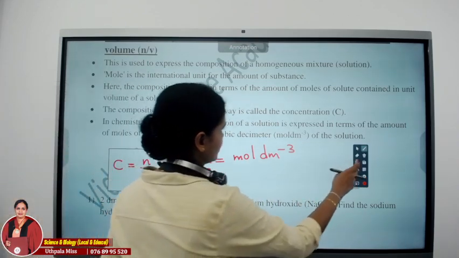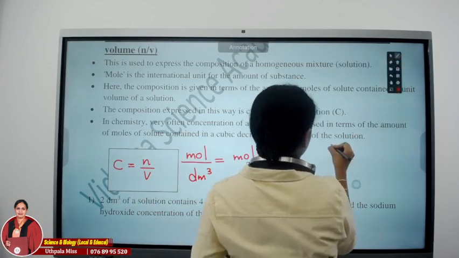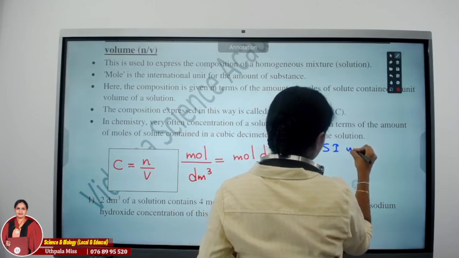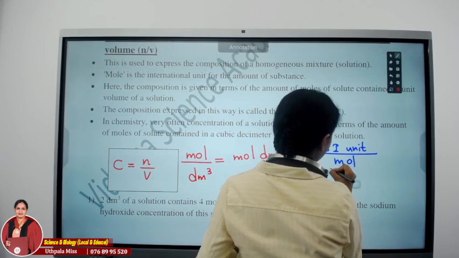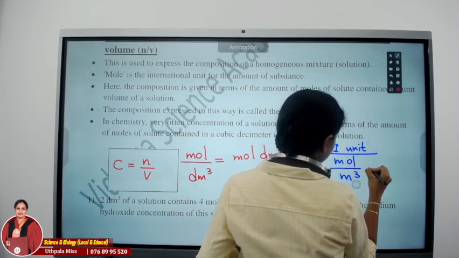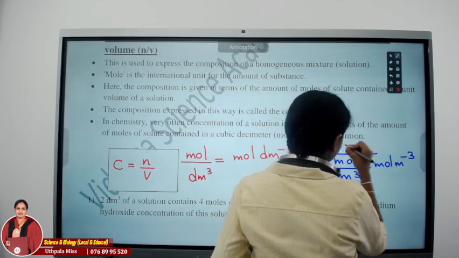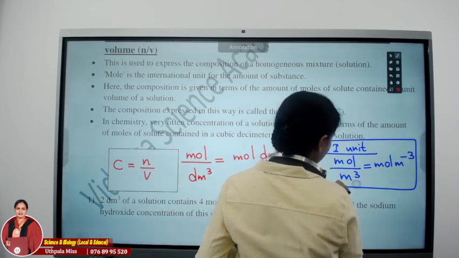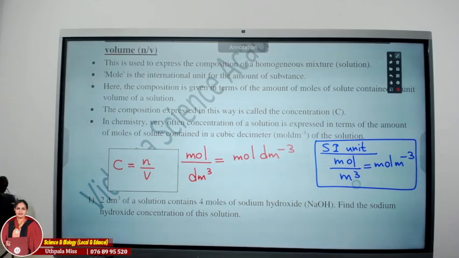The SI unit is moles divided by cubic meter, moles per cubic meter. That is the SI unit, but most probably in our calculations we use moles per cubic decimeter.